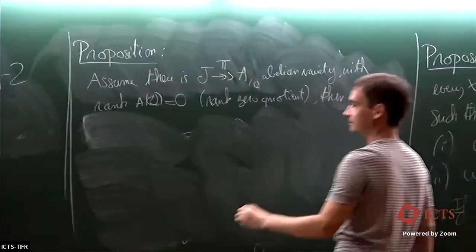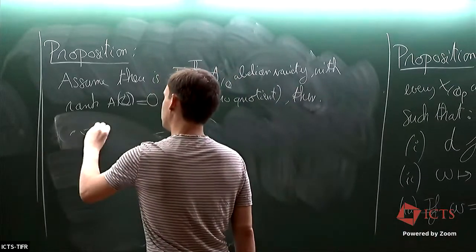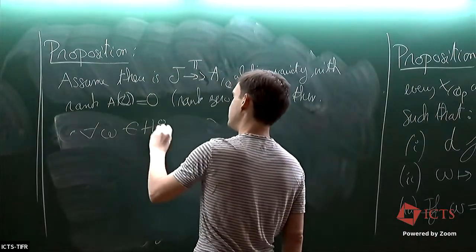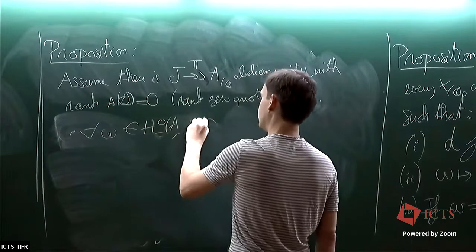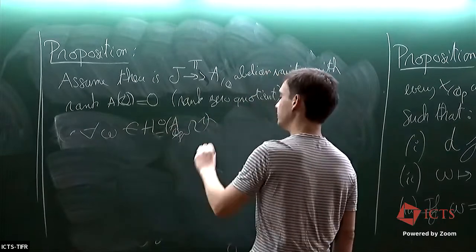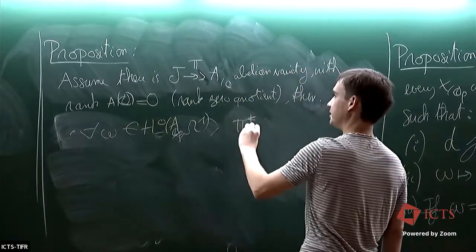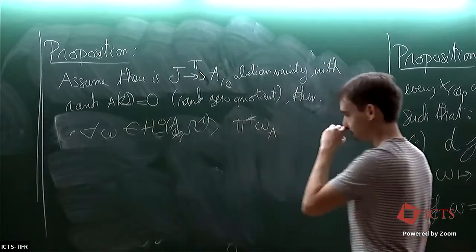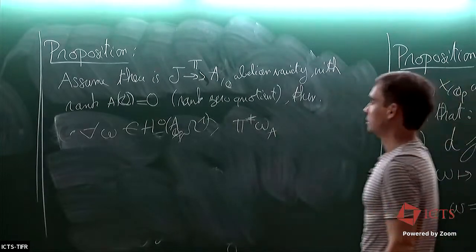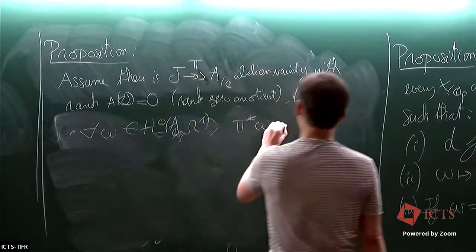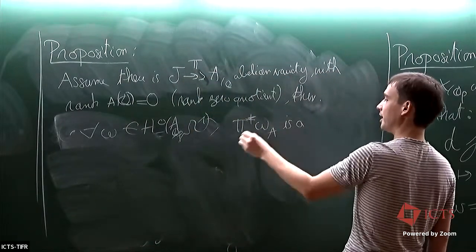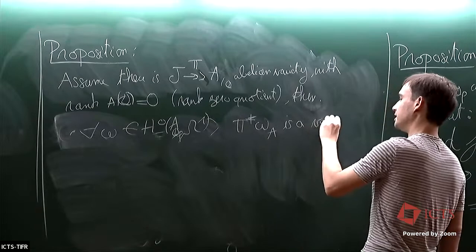Then for all omega inside H0(A, Omega 1) over Q, p, the pullback pi star omega_A is automatically a vanishing 1-form.